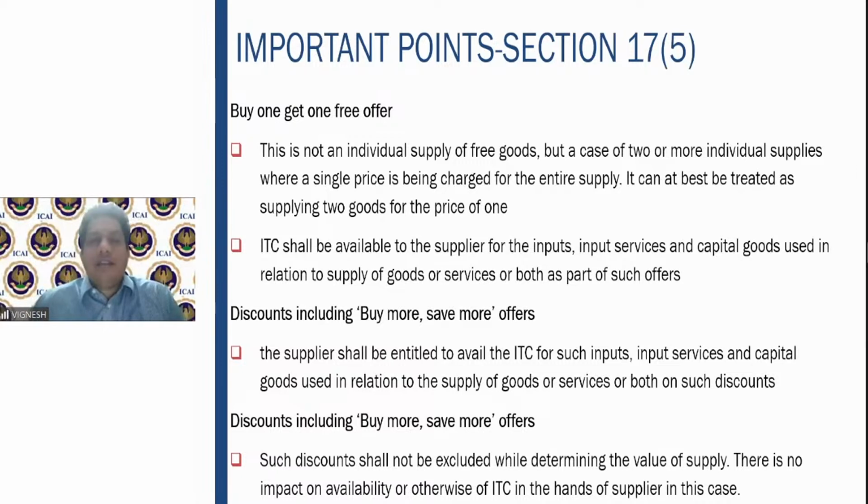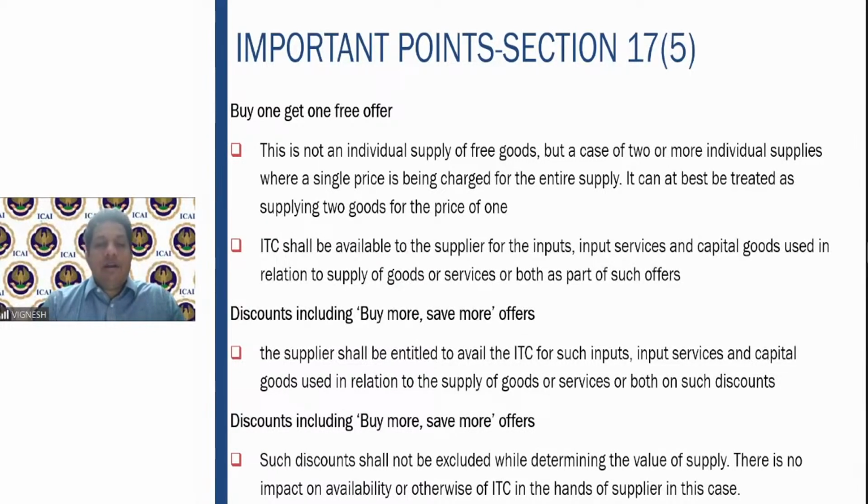So therefore, it was clarified that it was not an individual supply of goods, but a case of 2 or more individual supplies, where a single price is being charged for the entire supply. At best, it can be treated as supplying 2 goods for the price of 1.